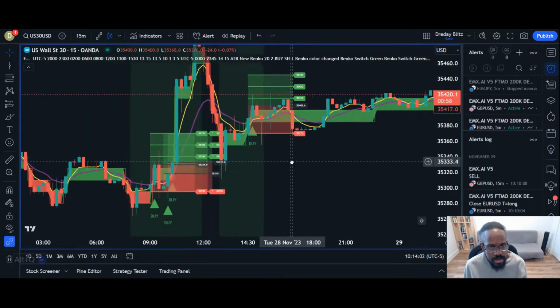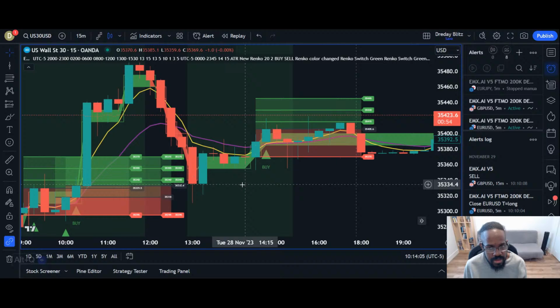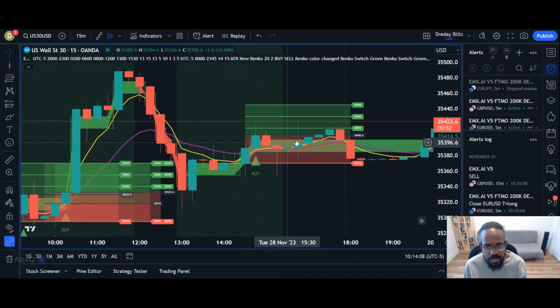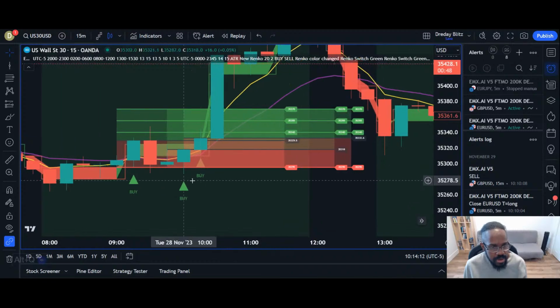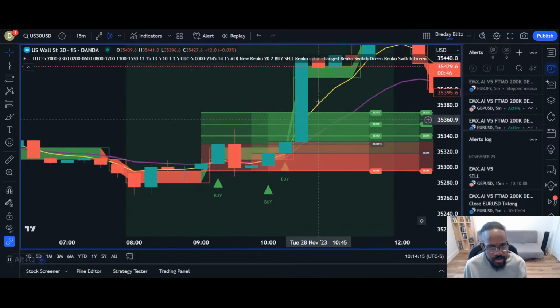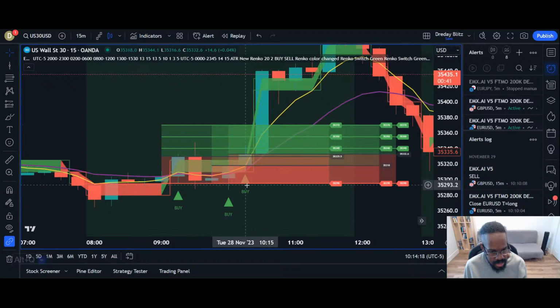As you see, these are the different levels that the price went. Here it crushed TP3 nicely, and that was yesterday morning.